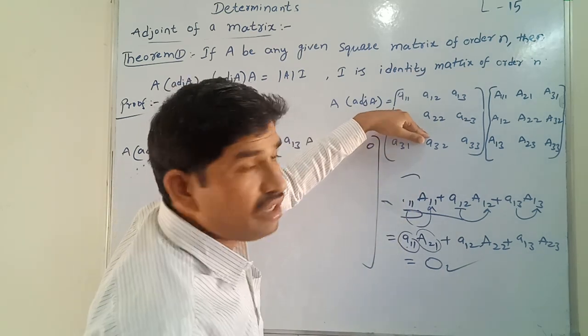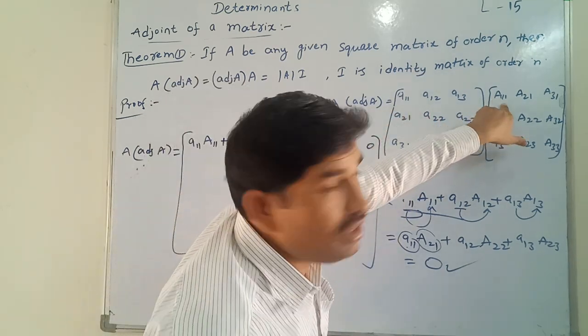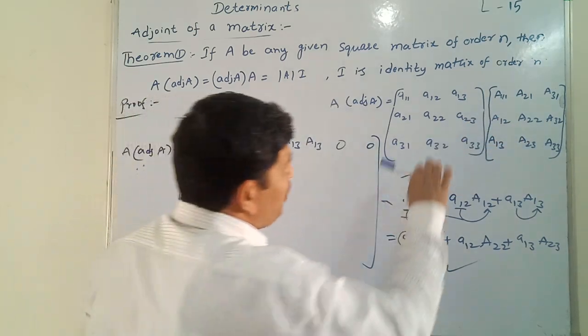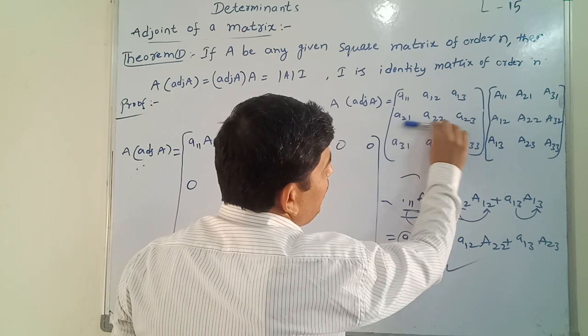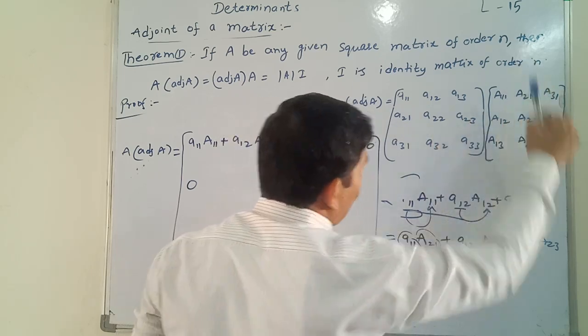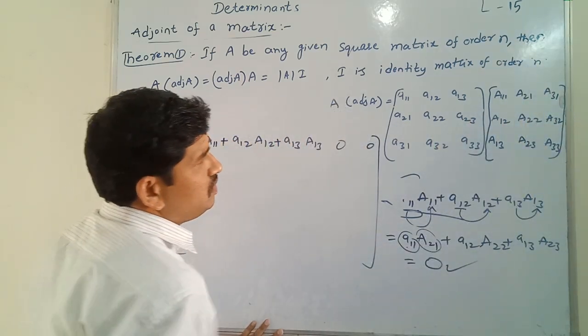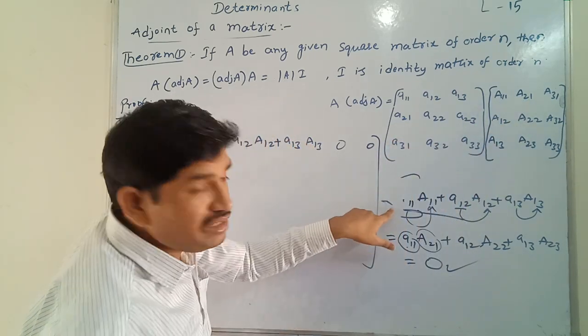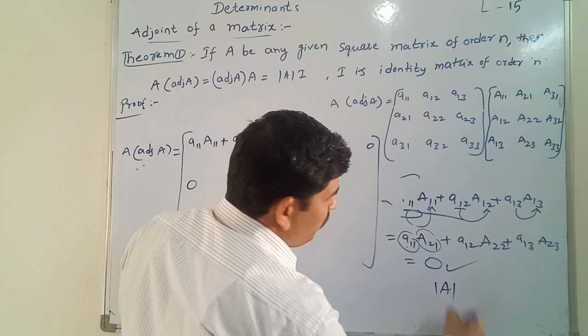Now one more. The second row with the first column multiplies, again giving the result 0. But by taking the second row with the second column, what will be the result? See, A21, A21, yes, it will give the result det A. Yes or no?